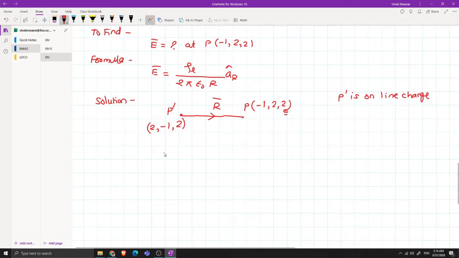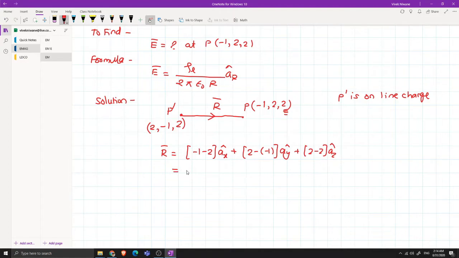So now we can find R bar. Once again, destination minus source. So I will write down (-1 - 2) ax cap plus (2 - (-1)) ay cap plus (2 - 2) az cap. What do we have here? -3 ax cap, plus 3 ay cap, and the last component cancels out.